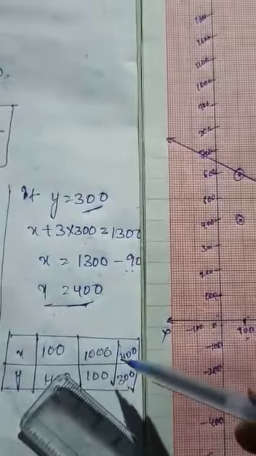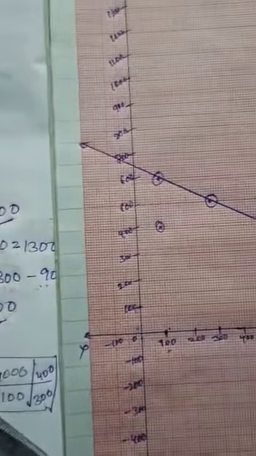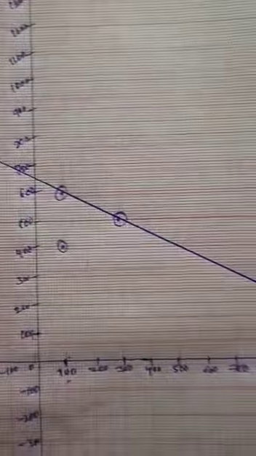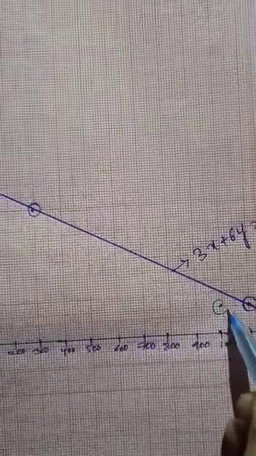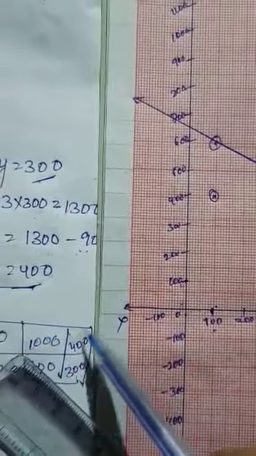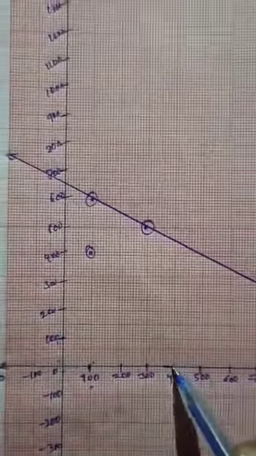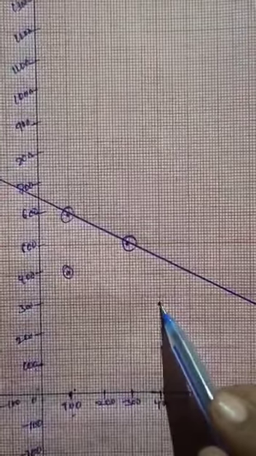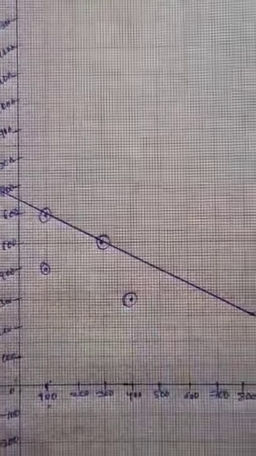Next point 1000 comma 100. This point is 1000 comma 100. Next point 400 comma 300.